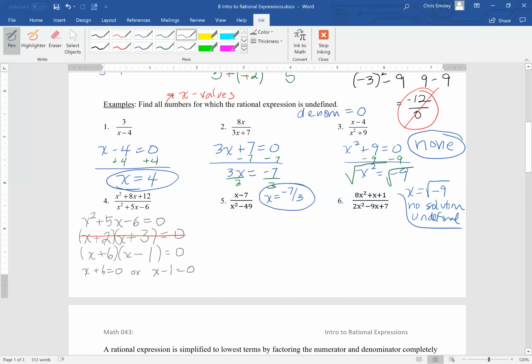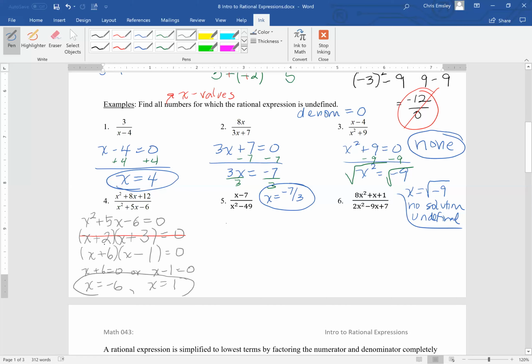And those are quick solves. On this first one, we just subtract 6 from both sides. And we find that x equals -6 is one of our solutions. On this other factor, just add 1 to both sides, x equals +1. So this rational expression would be undefined if x was either -6 or +1.